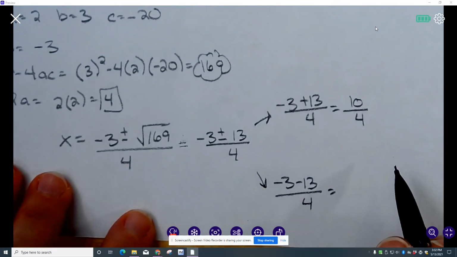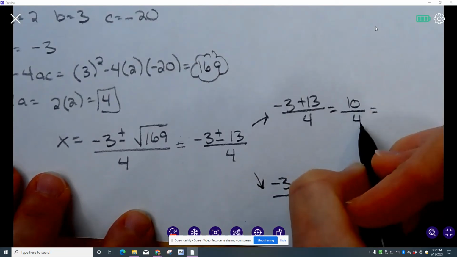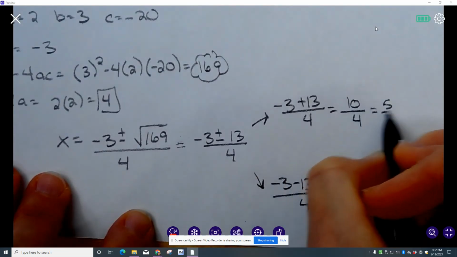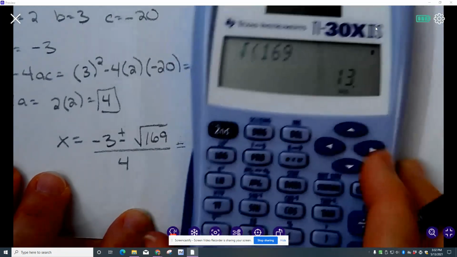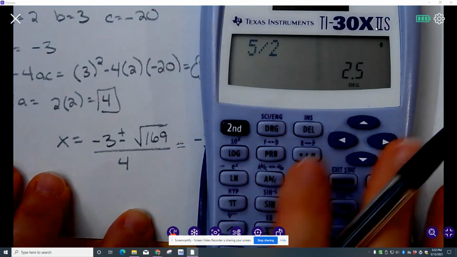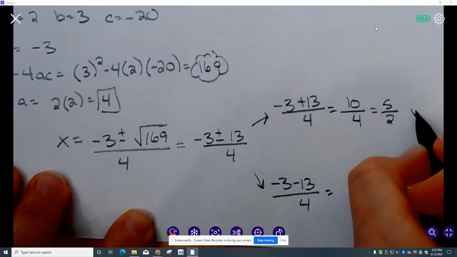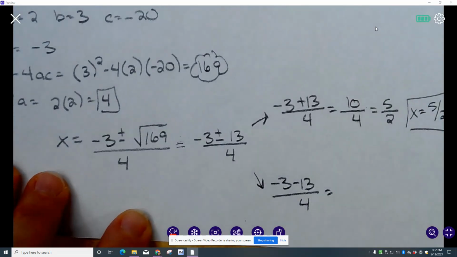You can leave it just like that. Well, actually, you can't. You should simplify that fraction. 2 goes into 10 5 times. 2 goes into 4 2 times. If you prefer, you can write it as a decimal, which would be 2.5. I'm just going to leave it as a fraction. X equals 5 over 2.